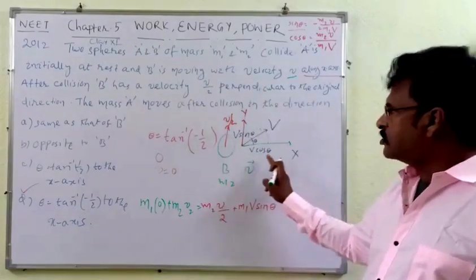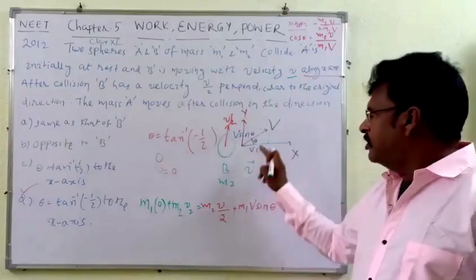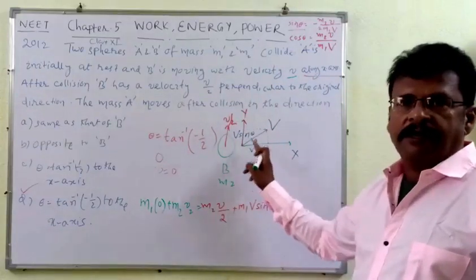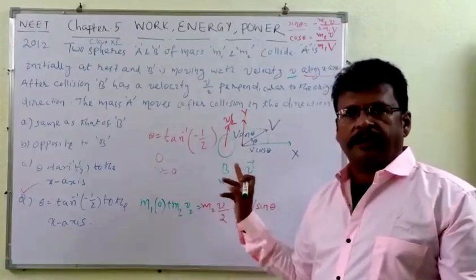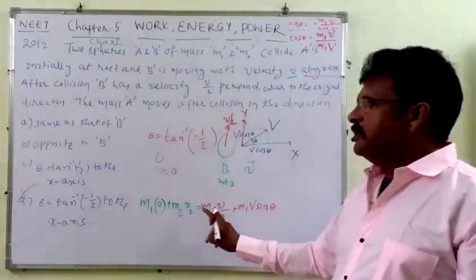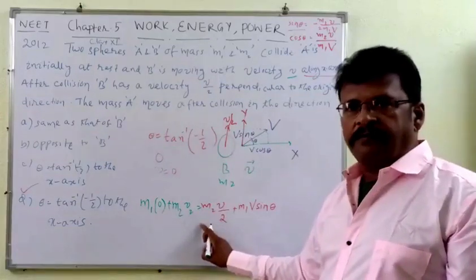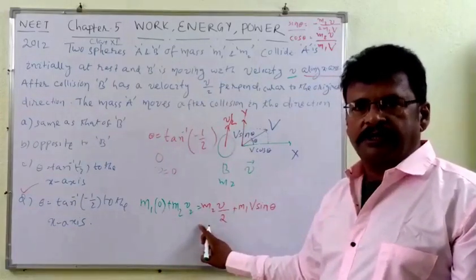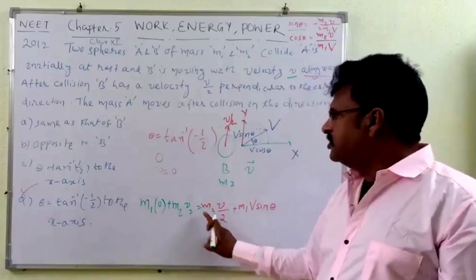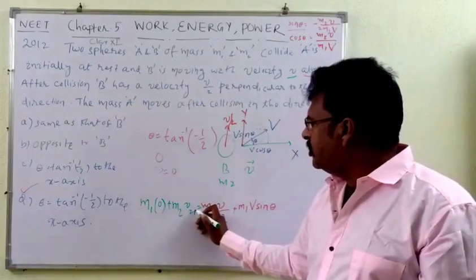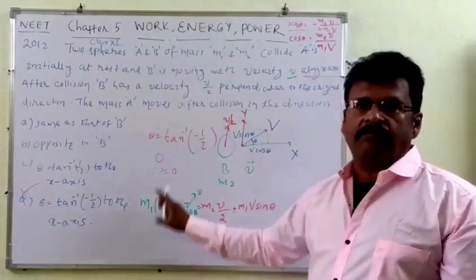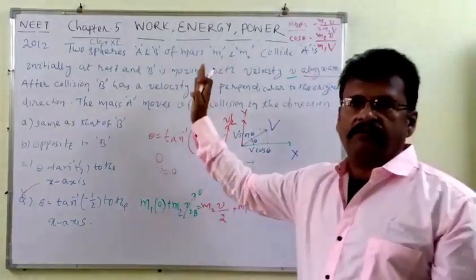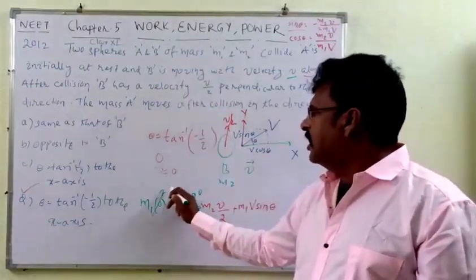So its component along the y-axis is 0 because the angle between the x-axis and y-axis is pi by 2, and cos pi by 2 is 0. So V2y, the y component of velocity of the body B, is 0. So the initial momenta of both body A and B along the y-axis, both terms are 0.